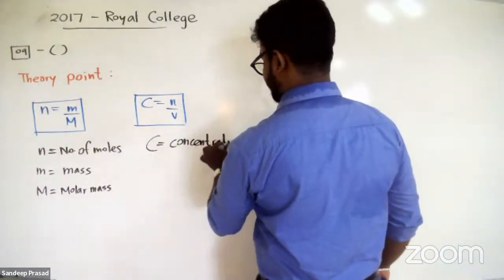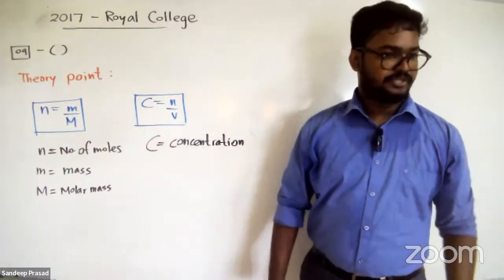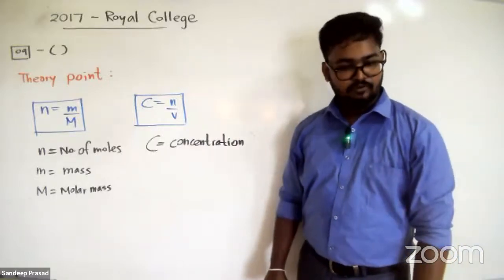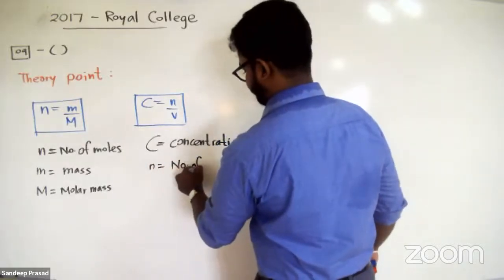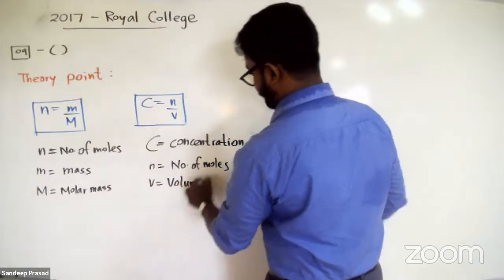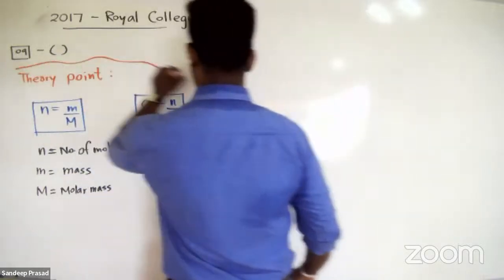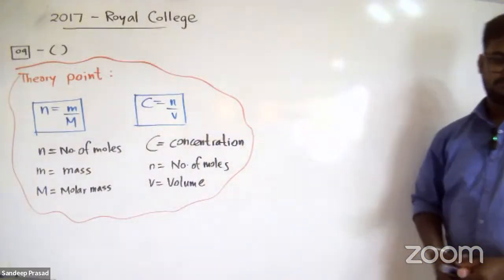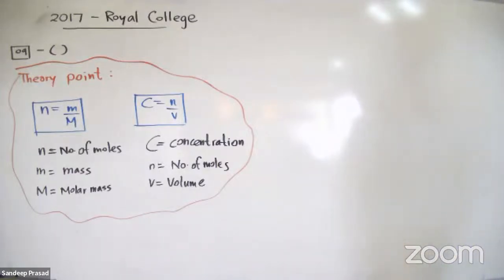Concentration is the chemical parameter that we use to measure the strength of a solution. n means number of moles and V means volume. In order to do this question, these two theory points are well enough for question number 9. Right, let's go.